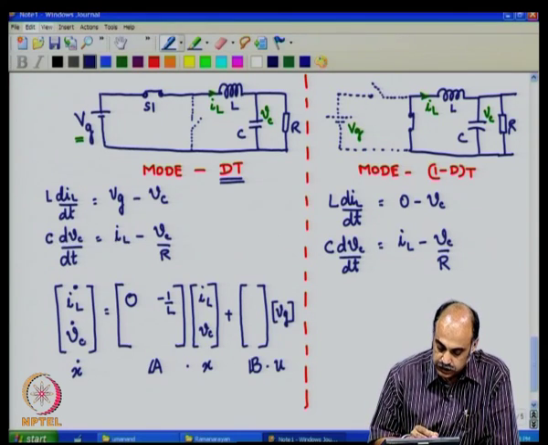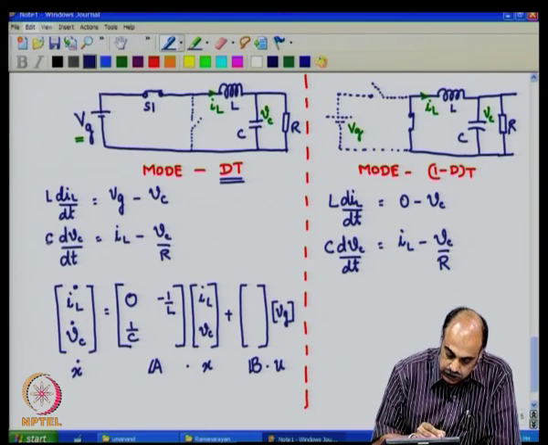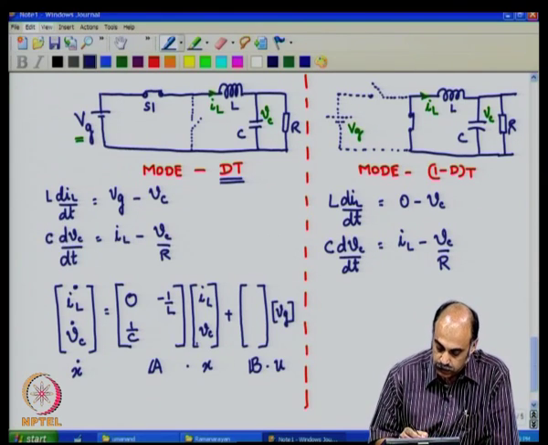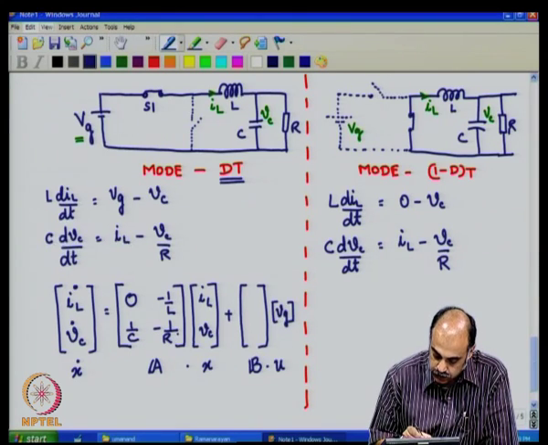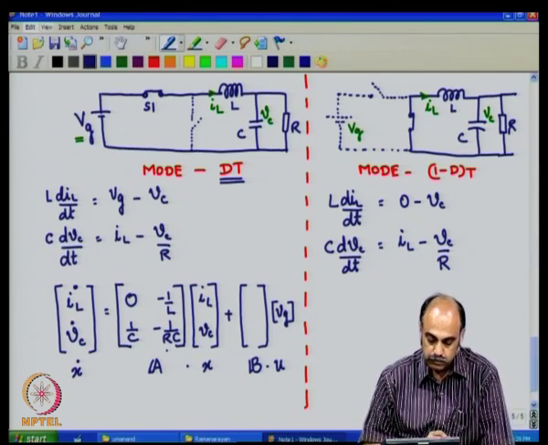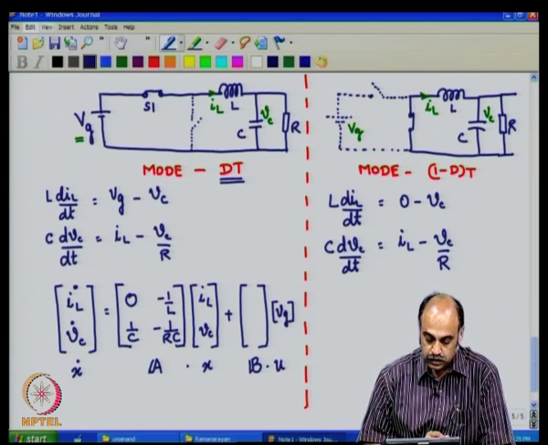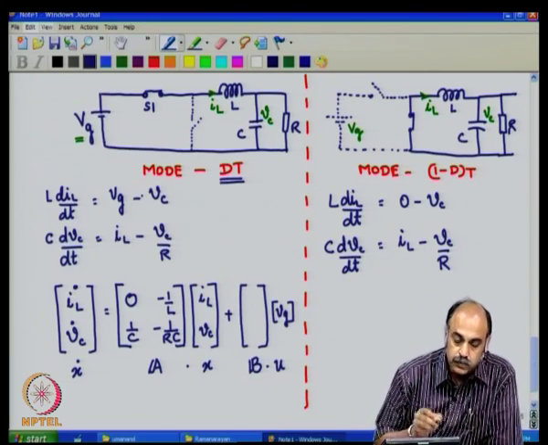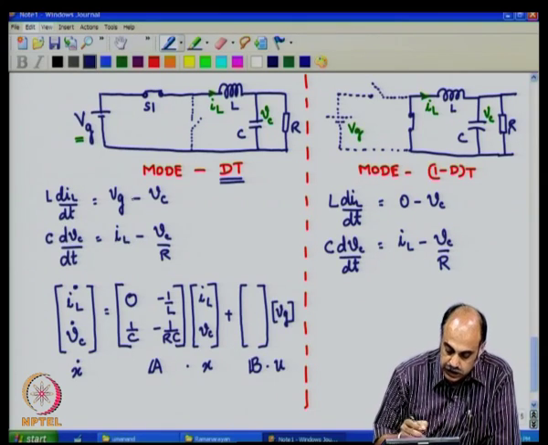Likewise, for the second equation, the coefficient of IL is 1 by C, by taking the C into this side, minus 1 by RC. So, this forms the A matrix.